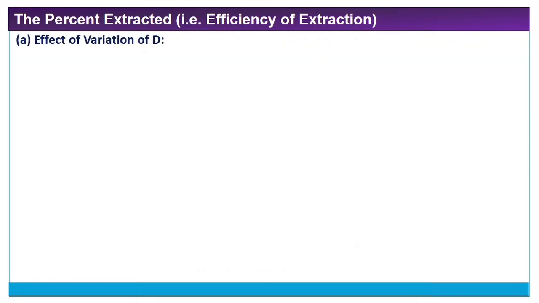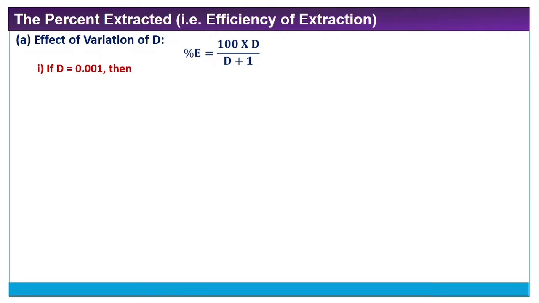Next, we will learn the effect of the distribution ratio D. This is the formula for efficiency of extraction: percentage of extraction is equal to 100 times D, the distribution ratio, divided by D plus 1. Now suppose D is equal to 0.001.